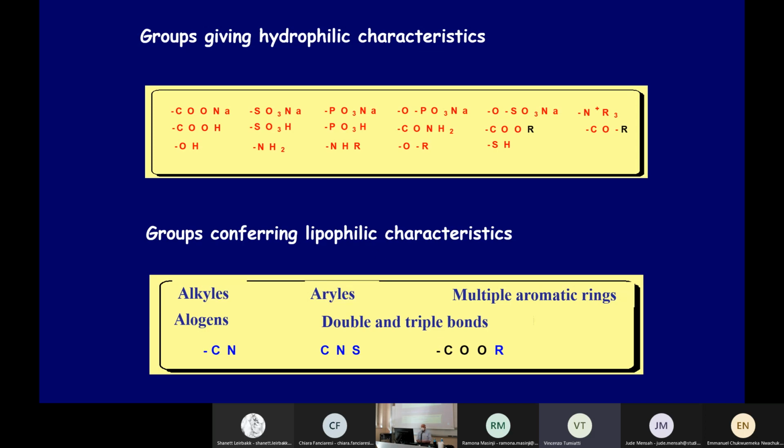Halogens, iodine, bromine. These types of elements are important to increase the lipophilicity of the compound. Double and triple bonds, alkane, alkene.